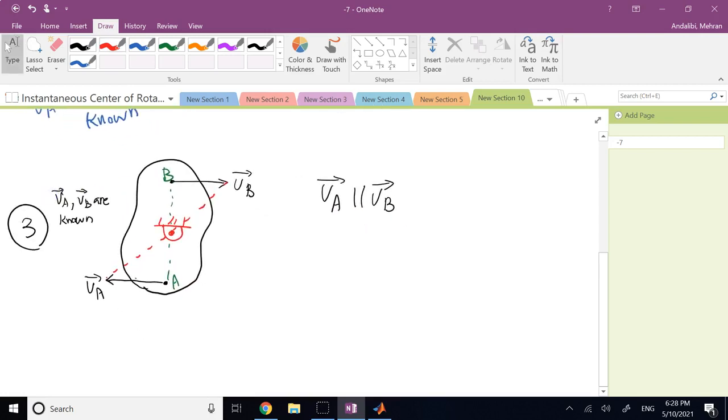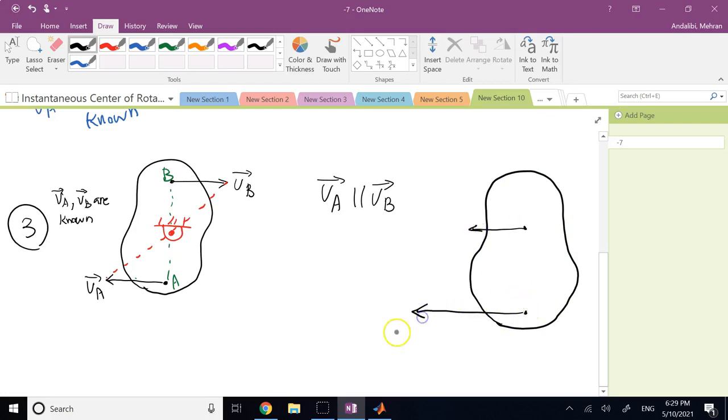The other scenario is they are parallel, but they have the same direction. So for example, VA is like this and VB is like that. Or let me put A as the bottom point. So now they are parallel.